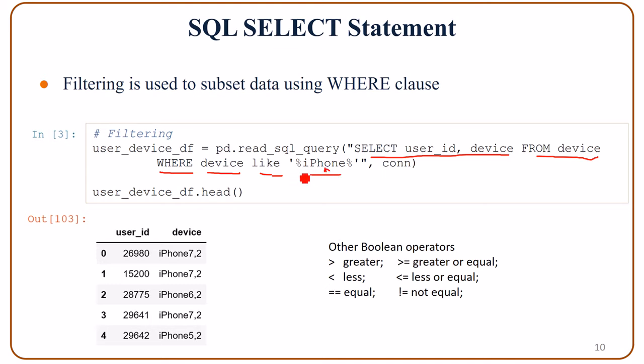So anything that contains iPhone would be returned. And this is what you have. There are other Boolean operators such as greater than or equal, less than or equal, not equal.